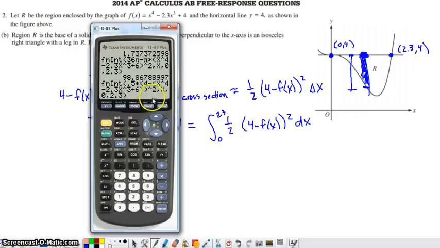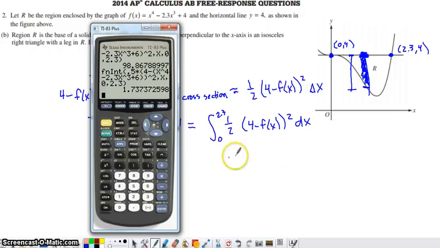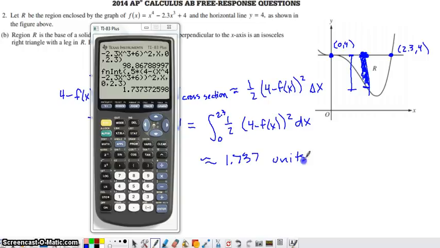Be careful with grouping symbols there. I had to double check mine once or twice when I saw something weird happen initially. So just be really careful with your grouping symbols, and if you are and you evaluate, you end up with a volume of 1.737 cubic units for the solid that sits on that base.